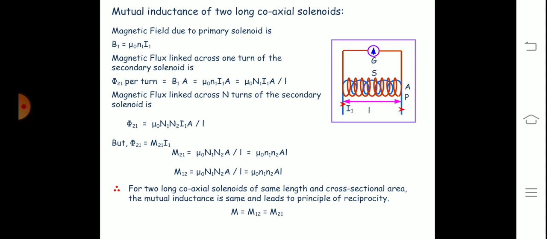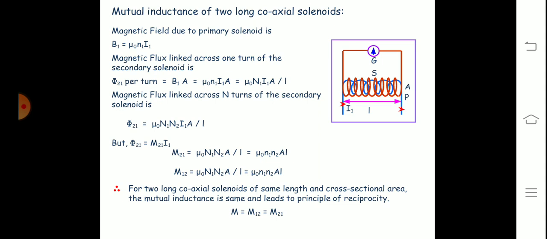So by putting the value of B1, we will get mu0 N1 I1 A by L. L is the length of the primary coil, A is the area of the secondary coil. So the total flux linked with the secondary coil will be mu0 N1 N2 I1 A by L, where N1 is the number of turns in the primary, N2 is the number of turns in the secondary, I1 is the current in the primary, A is the area of the secondary, and L is the length of the primary coil.